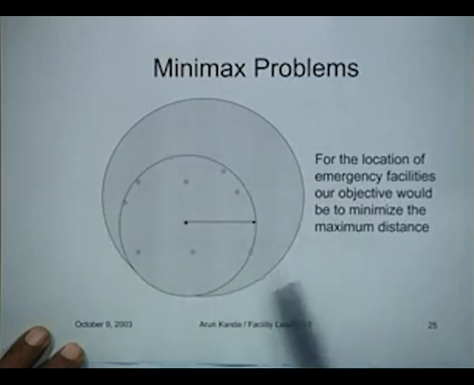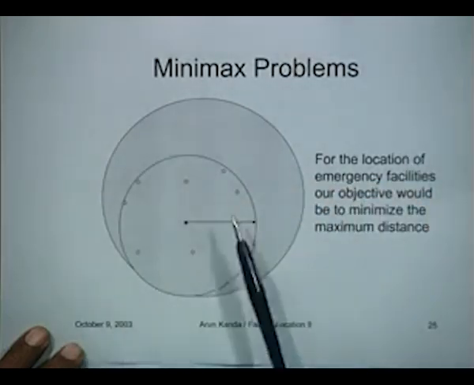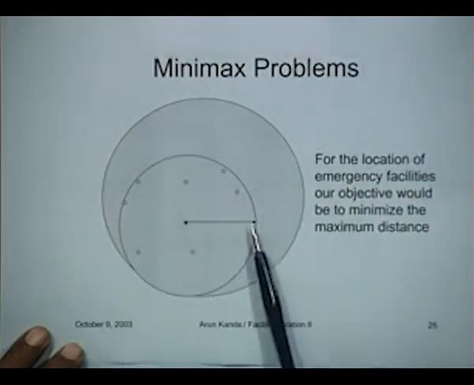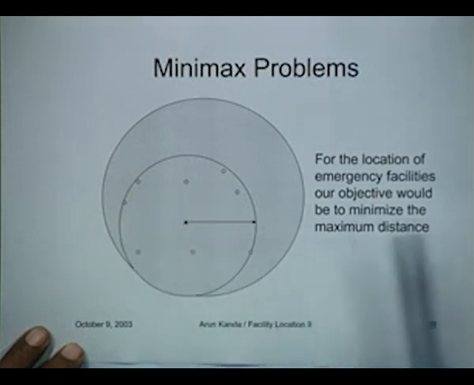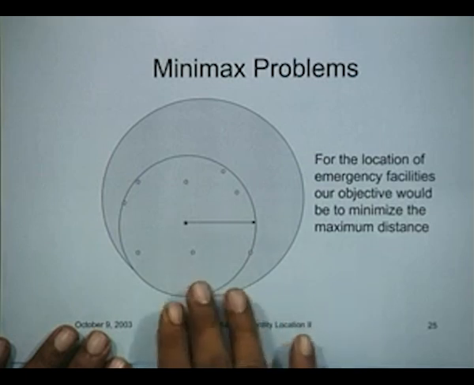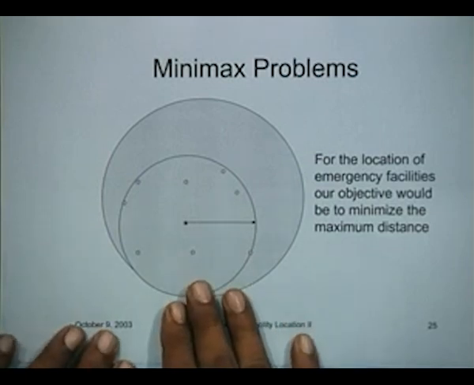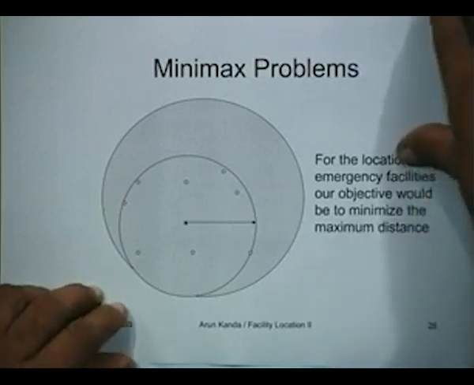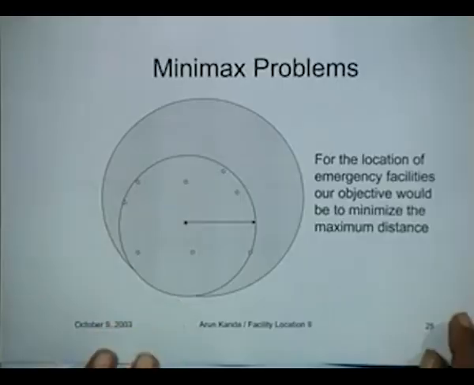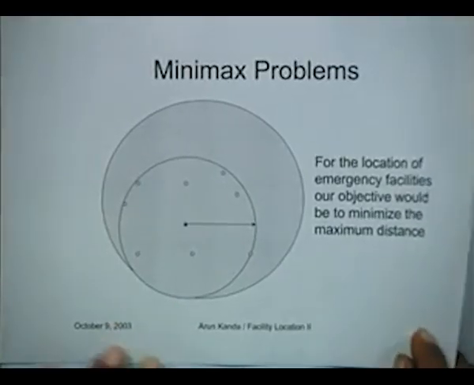This circle is larger, there could be other larger circles, and basically what we are seeking is this circle, and the center of this is the optimum location. Now graphically it is very wonderful to look at this particular procedure, and there are algorithms. For instance, there is a beautiful algorithm by Elzinga and Hearn which is actually based on this analogy. So this is just to tell you that if the objective function changes, the problem is no longer a mini sum problem but a mini max problem.